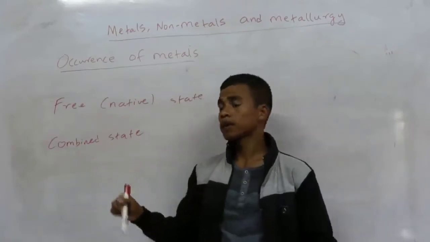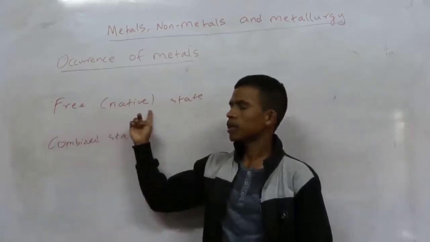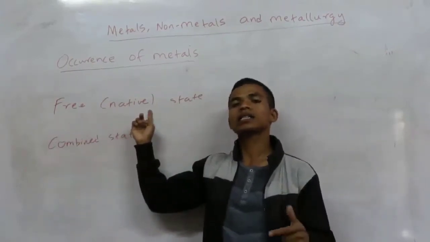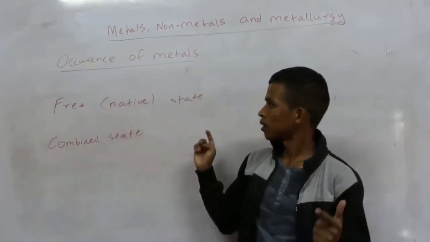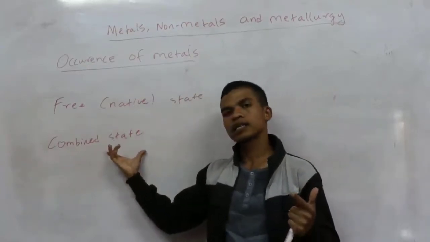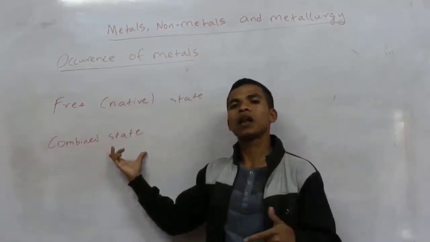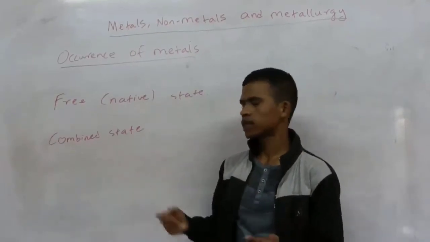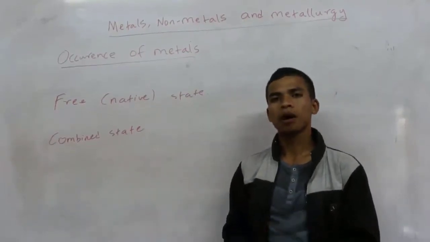When metals occur in the free state, they exist as elements, and when they occur in the combined state, they combine with other elements, that is they exist in the form of compounds.